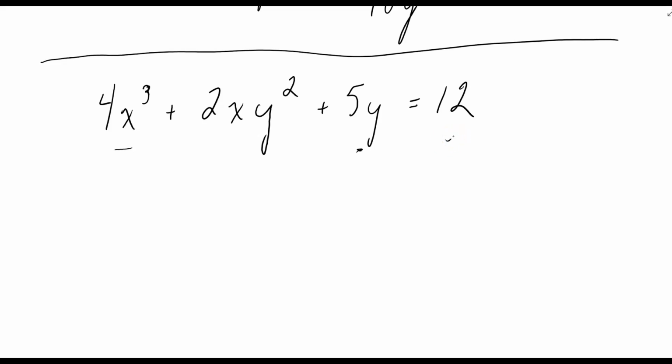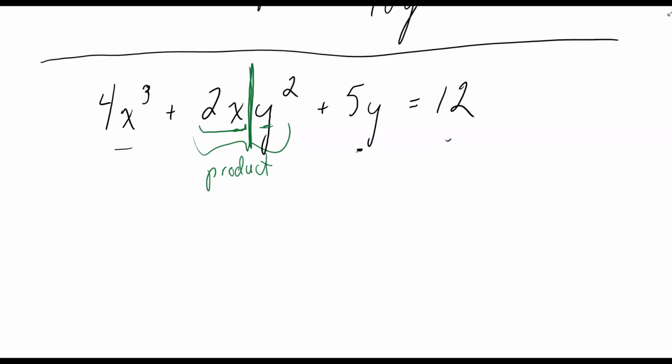But right here, we have a product of two different functions of x. So the x is a function of x, and the y squared is considered to be a function of x. We have a factor of 2 in front, so what I often do is I just attach the 2 to the first factor, and I kind of split it here for my product rule.